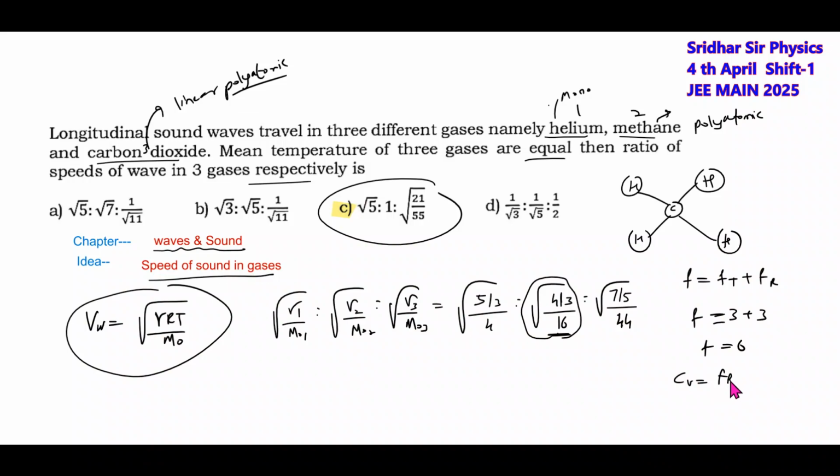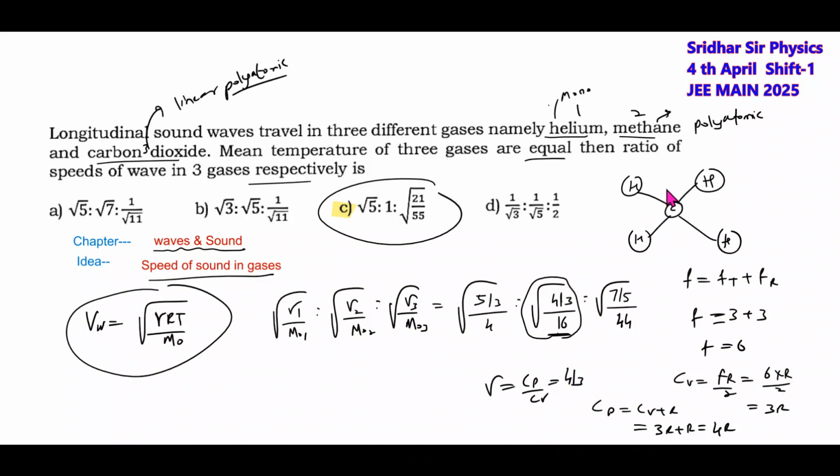So Cv equal to fR by 2, 6 into R by 2, which is 3R. What is Cp? Cp equal to Cv plus R, 3R plus R, which is 4R. Therefore gamma for methane will be Cp by Cv, 4 by 3.